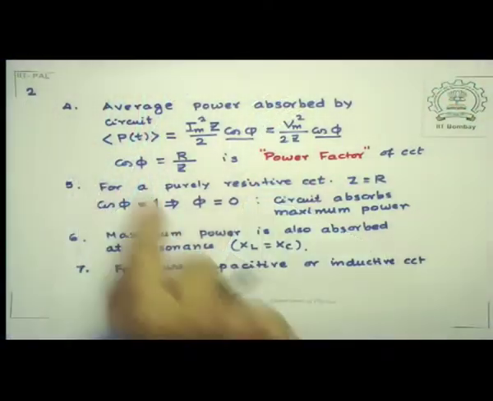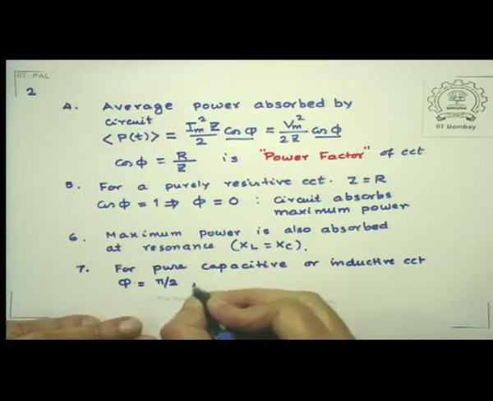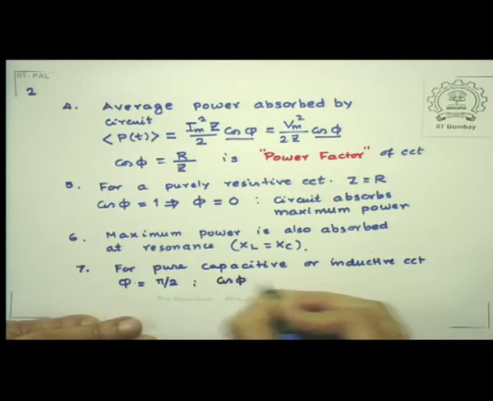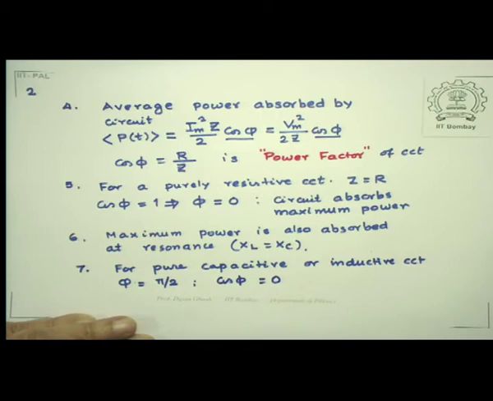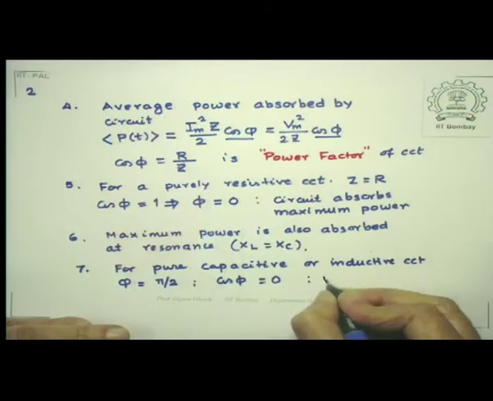In either case, cosine of phi becomes equal to 0. In other words, for purely capacitive or inductive circuits, no power is dissipated, and such circuits are known as wattless circuits.